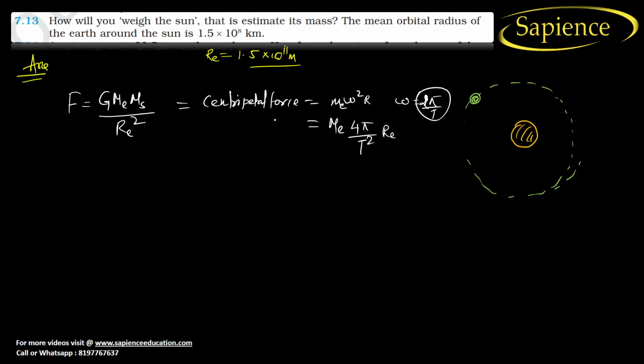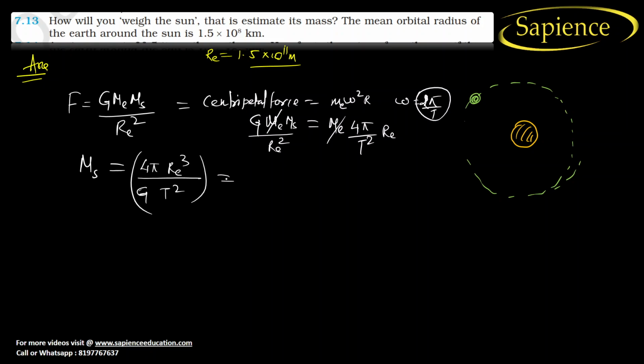So this is equal to G into mass of the Earth into mass of the Sun divided by Re whole square. From here, mass of the Earth gets cancelled out. So finally, we will get the formula for mass of the Sun equal to 4 pi square into Re whole cube divided by G into T square.